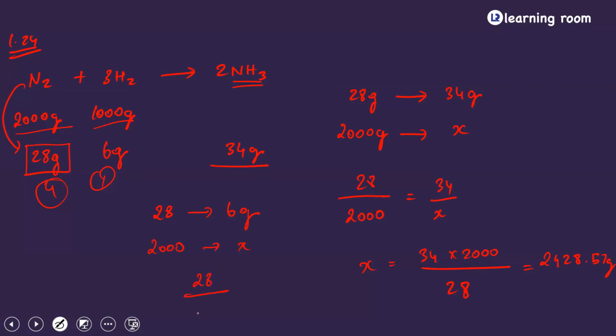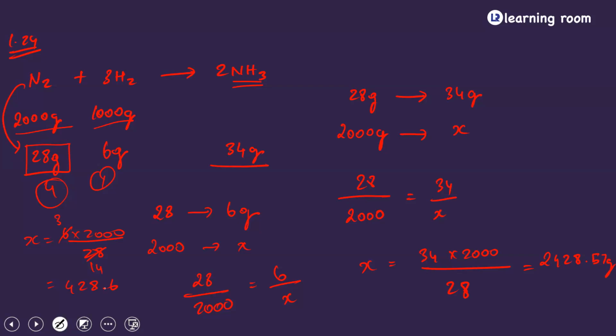So 28 by 2000 is equal to 6 by x. Clear? So what will be the x? x is equal to 6 into 2000 divided by 28. 428.6.